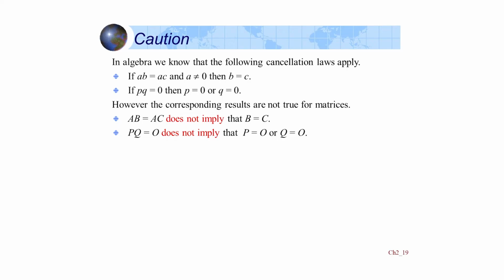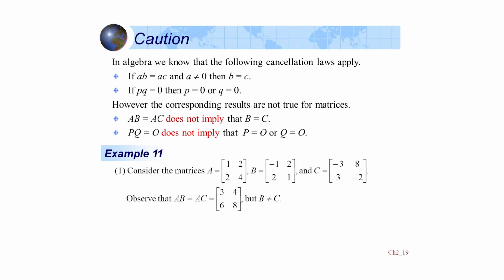And also you could find matrices A, B, C satisfying the equation AB is equal to AC, and A is not 0, but nevertheless B and C are different. Look here, an example. Example 11.